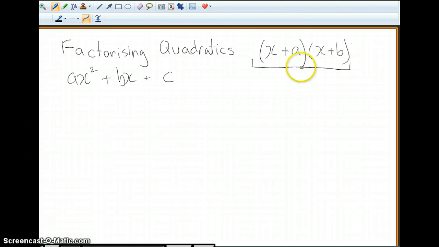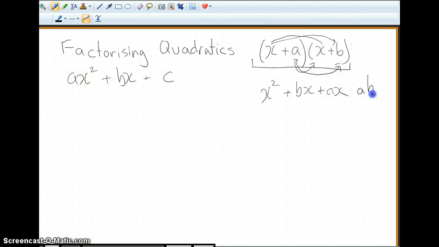I'll do it for you now with letters A and B. It's x times x, squared, x times b, which is plus bx, a times x, plus ax, and then a times b.